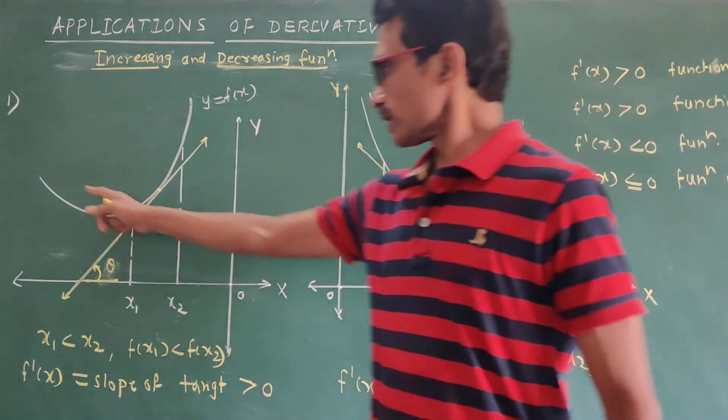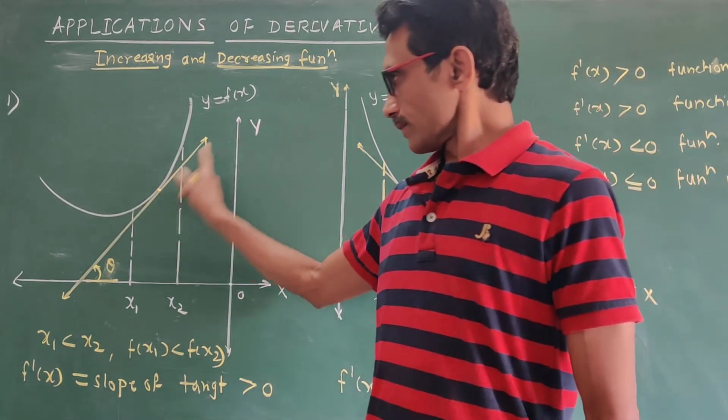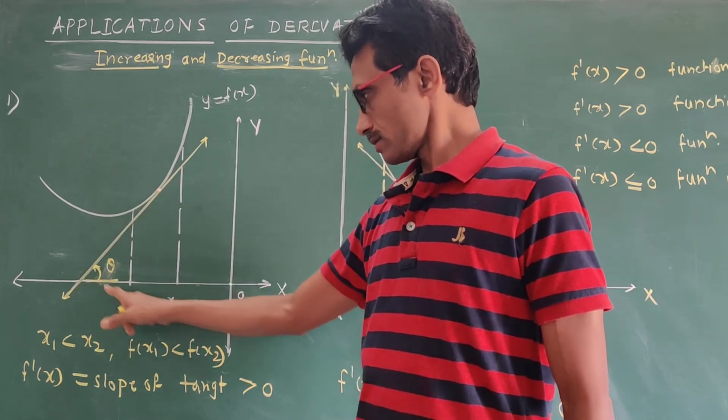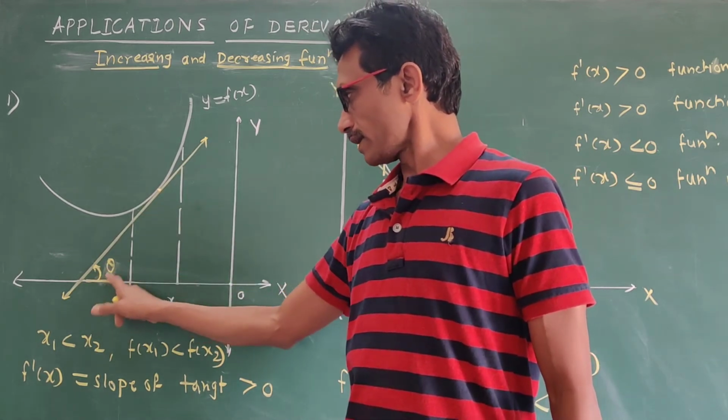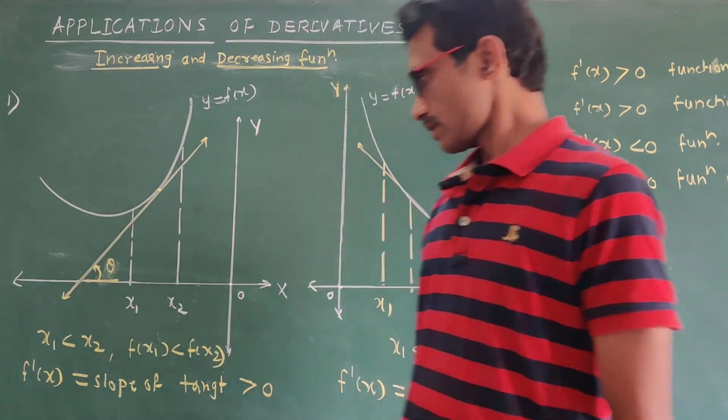Or in another way, suppose we consider this particular case, a non-linear function. We have taken the graph of a non-linear function. Suppose we draw a tangent at this point. This tangent will make an inclination theta, and that theta is an acute angle.